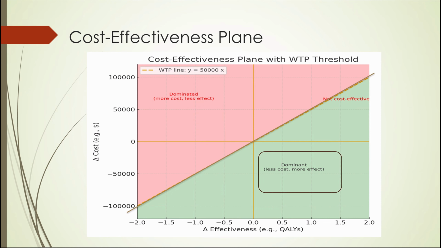We have these areas on the bottom right of the slide, which is the dominant area, where we have the highest level of effectiveness but we are spending the lowest cost, which is always the case of a cost-effective intervention. On the top left of the slide, we have the dominated area, which is always not cost-effective because we are spending a lot of money, but we are not getting that much of an effect.